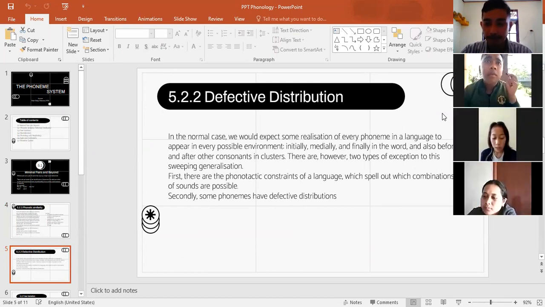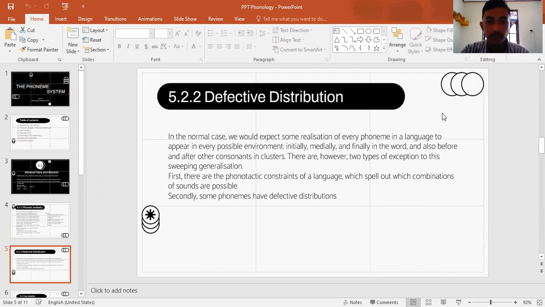The next material is defective distribution. In the normal case, we would expect every phoneme in a language to appear in every possible environment, such as initially, medially, and finally in the word, and also before and after other consonants in clusters.